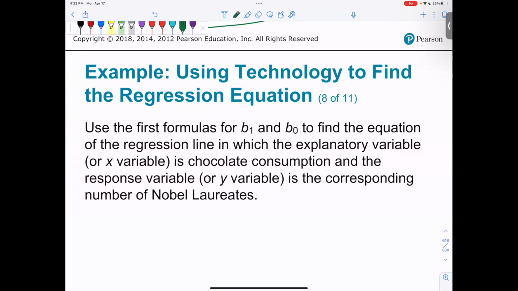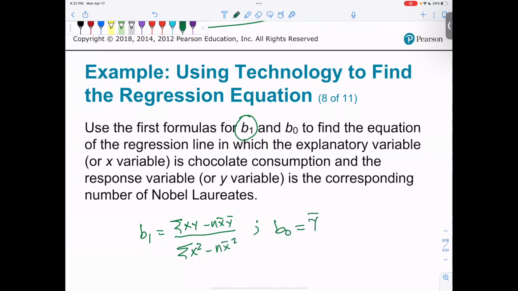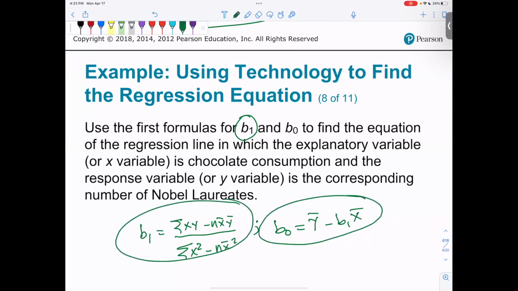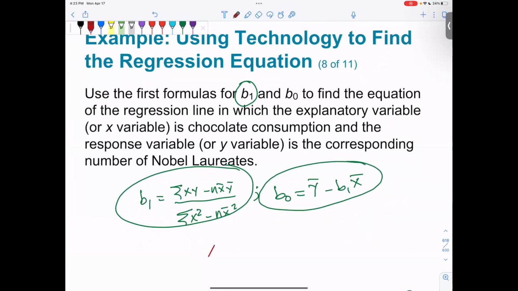So the formula that you can use: beta 1 equals summation xy minus n x bar y bar divided by summation x square minus n x bar square, and then beta 0 equals y bar minus b1 x bar. To find those two values, just plug them in this function, beta 0 plus beta 1x.